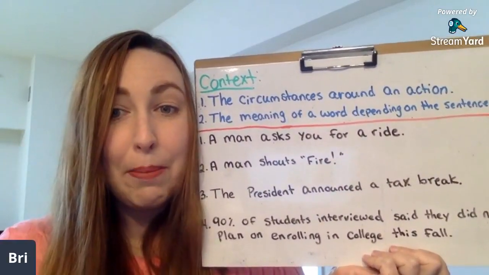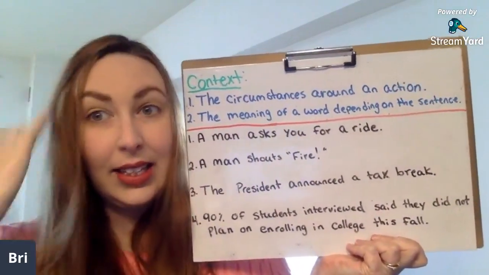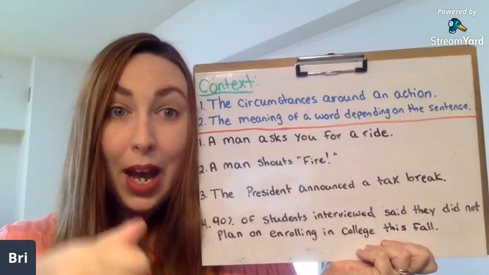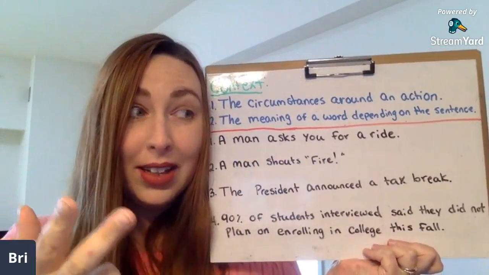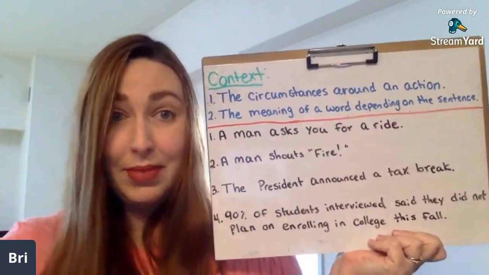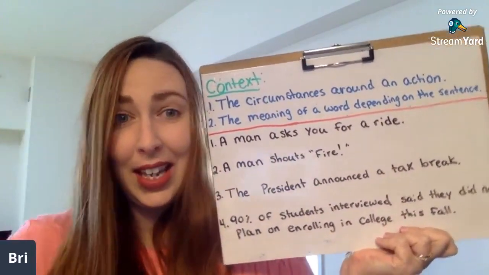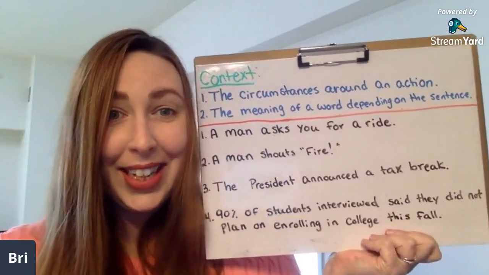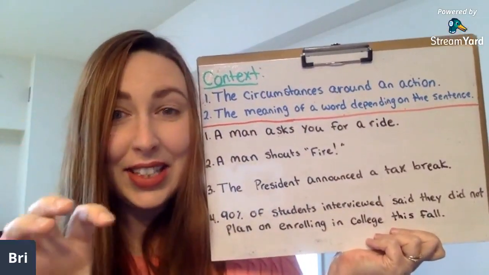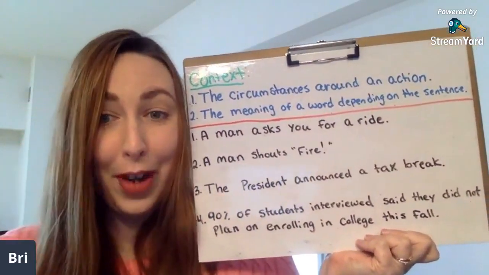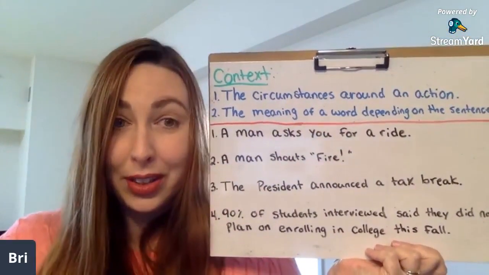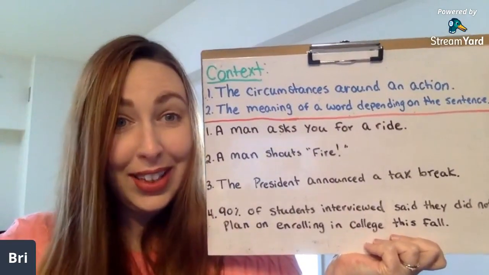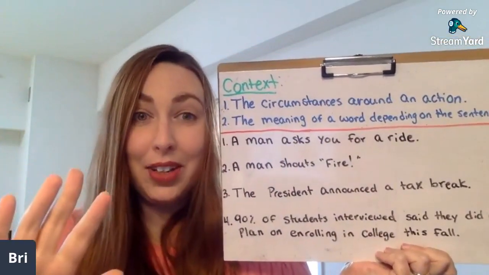So, for example, what is the context? Is this man a relative? Is he your brother? Is he your father? Is he your friend? Then the context is, yeah, sure, come on in, right? The context is he's your family member or a friend. What if the man is a stranger? If he's a stranger, then maybe you don't want to let him in your car.